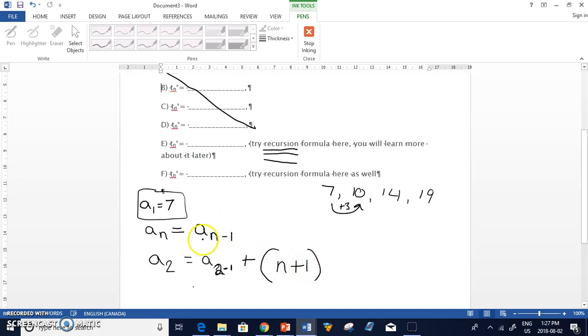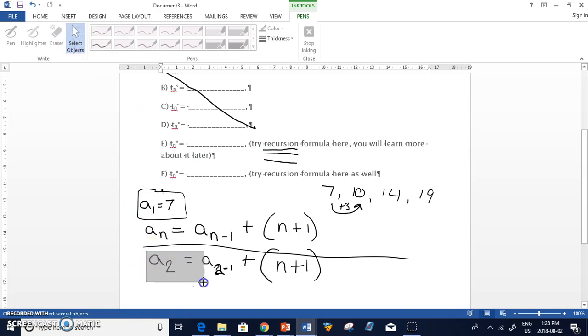All right, so let me back up here. If I'm expressing my next term, an equals an minus 1, the previous term, plus n plus 1.